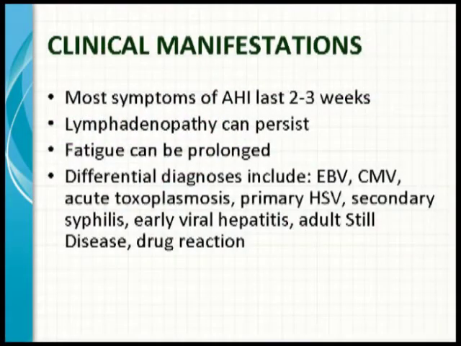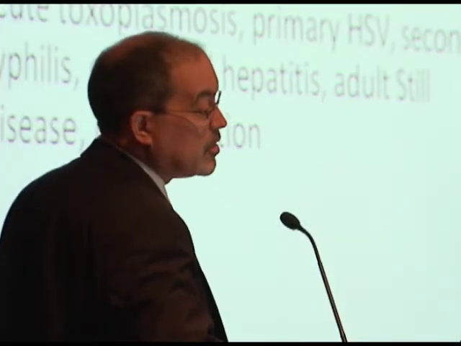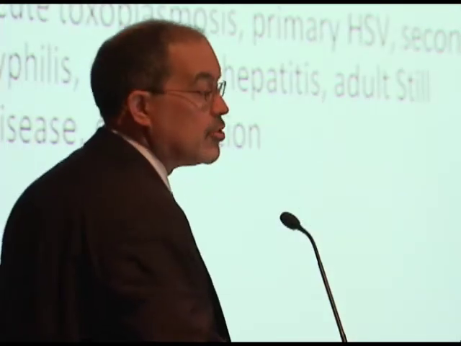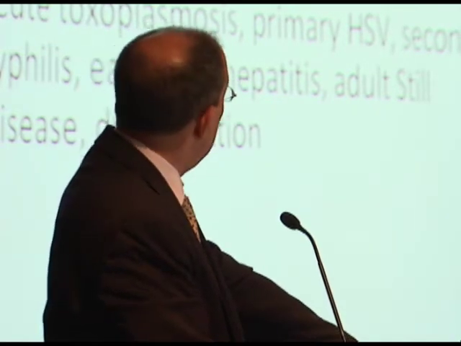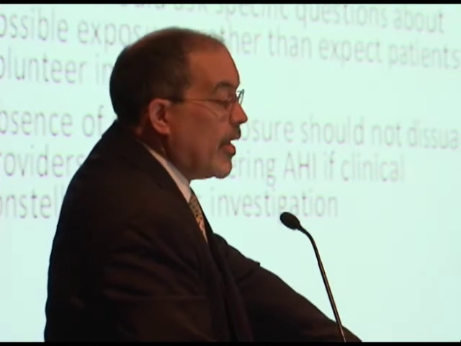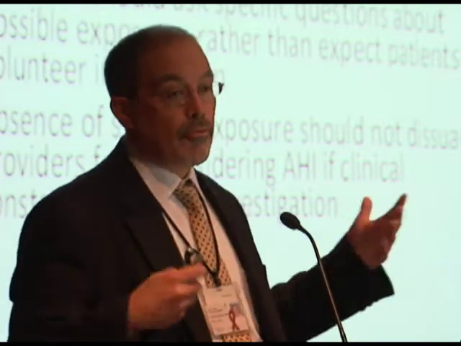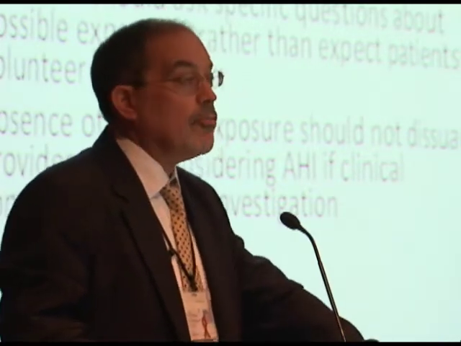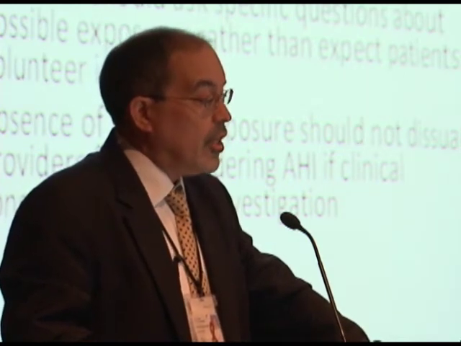So our differential includes Epstein-Barr, cytomegalovirus, acute toxoplasmosis, primary herpes simplex, especially with the adenopathy and the fatigue, secondary syphilis, early viral hepatitis, adult Still's disease, or drug reactions if they were on medication, or even herbals, etc. So we have to really think about it because the diagnosis is so broad, and some patients may not openly report risk behavior or think that they're at risk for STDs or HIV.